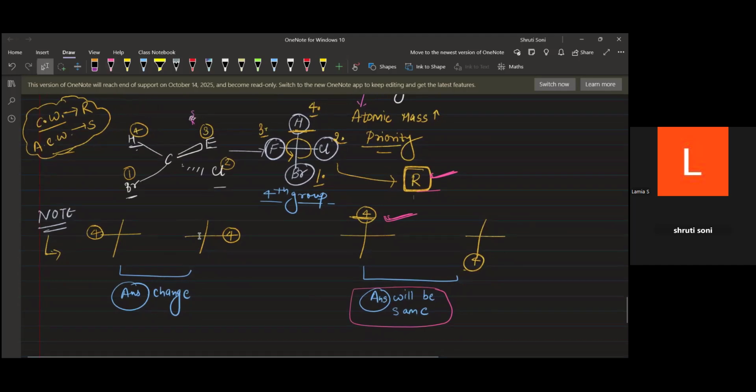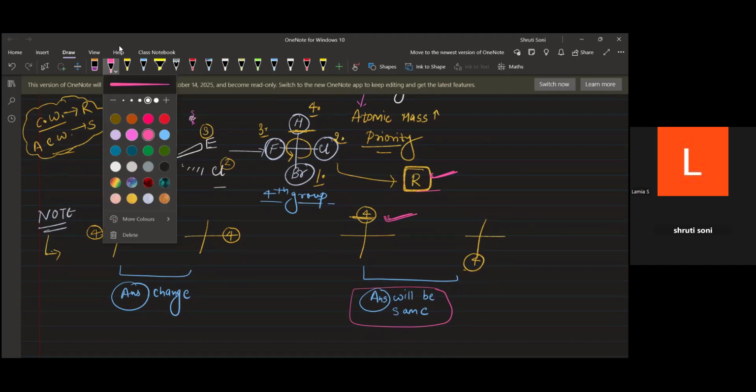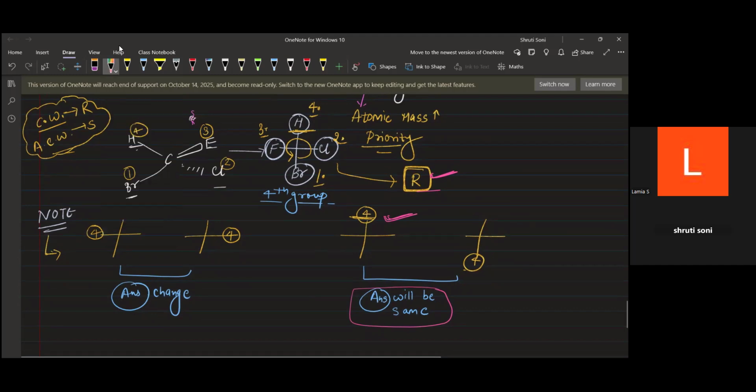Okay. I will give you some examples. So generate a question. I will write down the question. I'm using this pen.